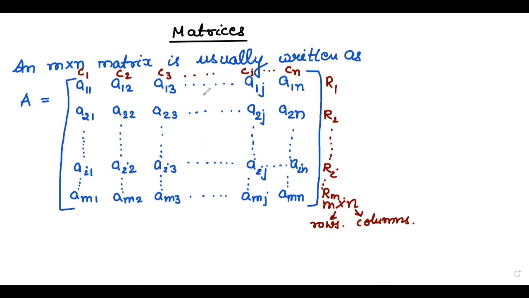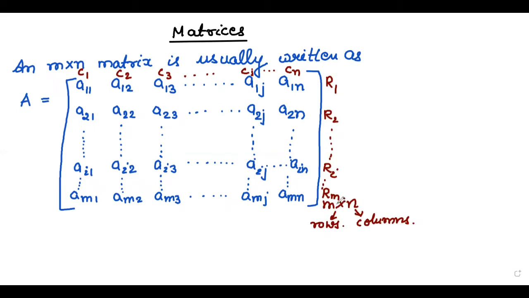This is the way to write an m by n order matrix: A11, A12, A13, A1j, A1n, A21, A22, A23, A2j, A2n, Ai1, Ai2, Ai3, Aij, Ain, and Am1, Am2, Am3, Amj, Amn with the order m by n.